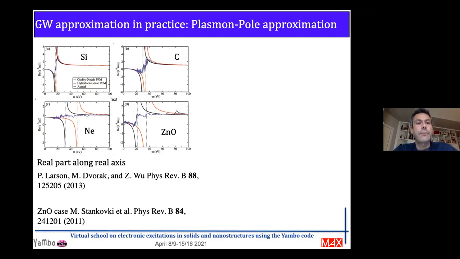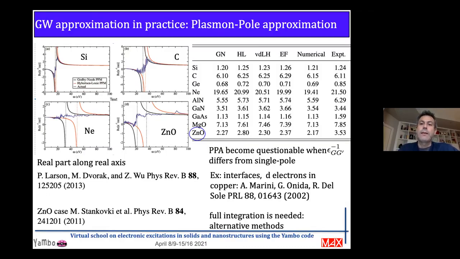Here I compare, for some typical insulators, silicon, carbon, zinc oxide, the full frequency expression of our dielectric matrix with respect to different flavors of plasmon pole. Here are the results of the gap for several materials and different recipes. While for silicon and diamond we have very similar results, there are cases, for instance zinc oxide, where the discrepancy is huge.